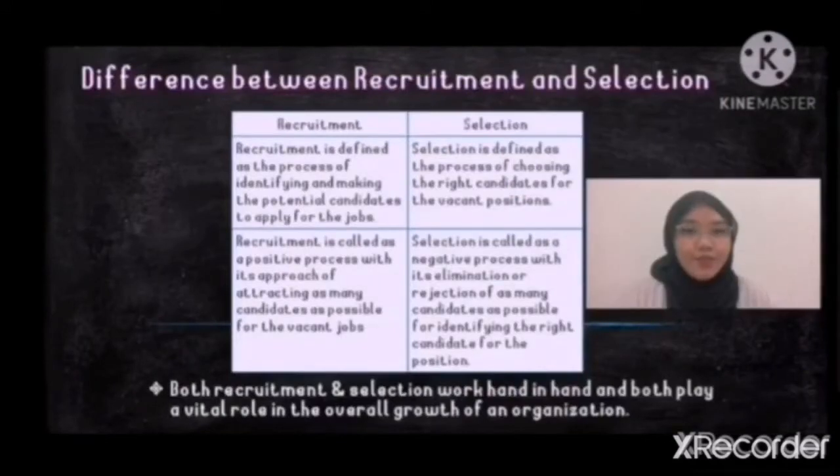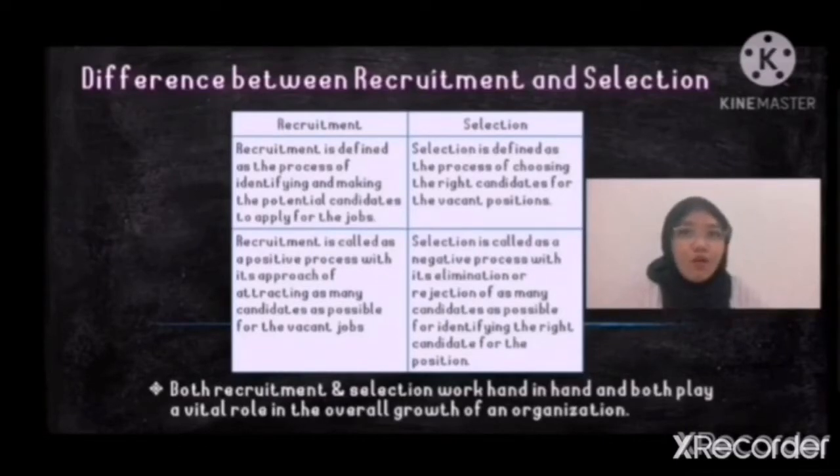The difference between recruitment and selection. Recruitment is defined as the process of identifying and making the potential candidates apply for the jobs. Selection is defined as the process of choosing the right candidate for the vacant position.